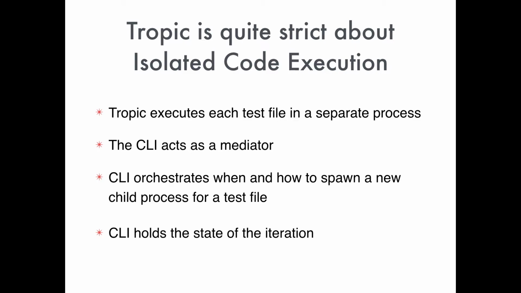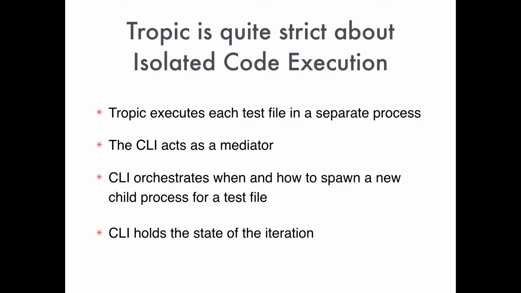And it's even that strict that each test file is executed in a separate process, which means that the CLI you start off with, the npm test or Tropic, and the files you actually want to test are orchestrated by the CLI.